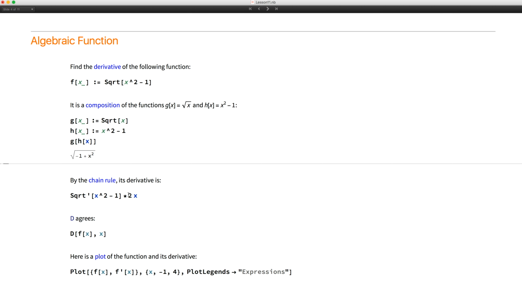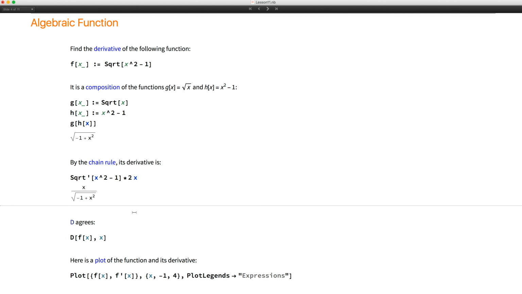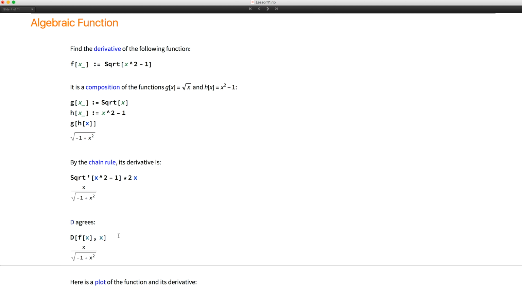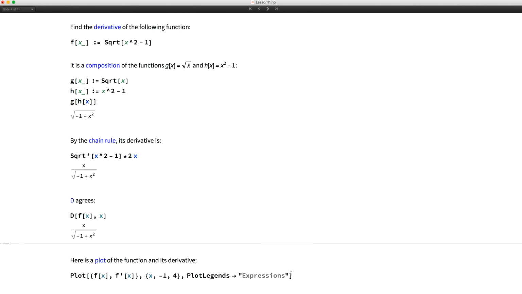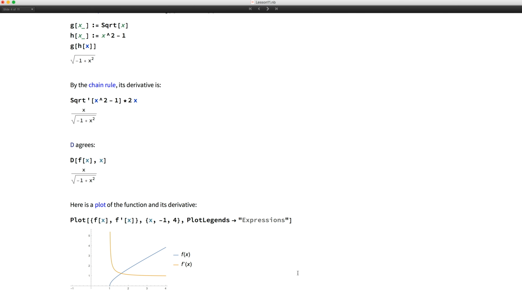So what you do is you work out the derivative of x squared minus 1, which is 2x, and then work out the derivative of the outer function, and there's the answer. D gives the same result, and here is a plot of the function and its derivative. Of course, because you're finding the derivative of square root of x squared minus 1, there's nothing on the left of 1 over here.